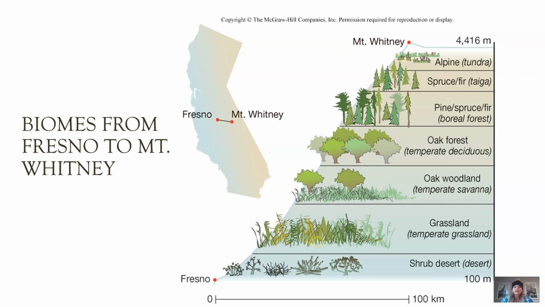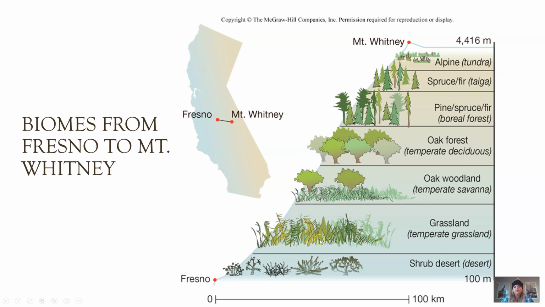As you go up further into the mountains, you see grasslands, and then you'll get into some oak woodlands, oak forest. You notice when you go through the foothills, just outside of Fresno, as you're going up to, let's say, Yosemite or Bass Lake, you'll start to notice the change in plant life.